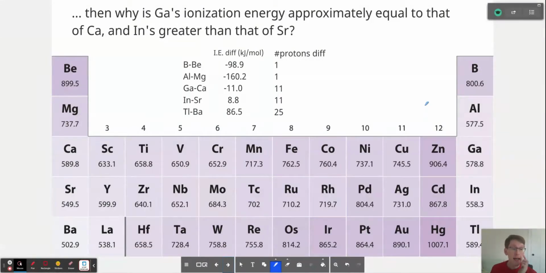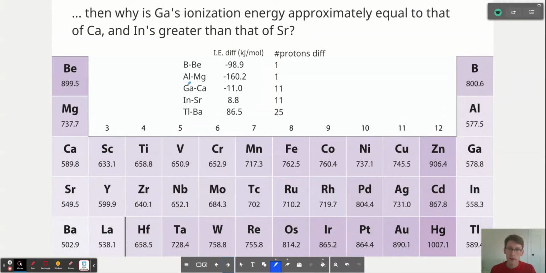But if we go down the group, we can find that you don't get the same trend continually as you go further down the group. So for example, boron has a lower ionization energy than beryllium, and aluminum has a lower ionization energy than magnesium, but gallium, well, it has a lower ionization energy than calcium, but they're very, very close.